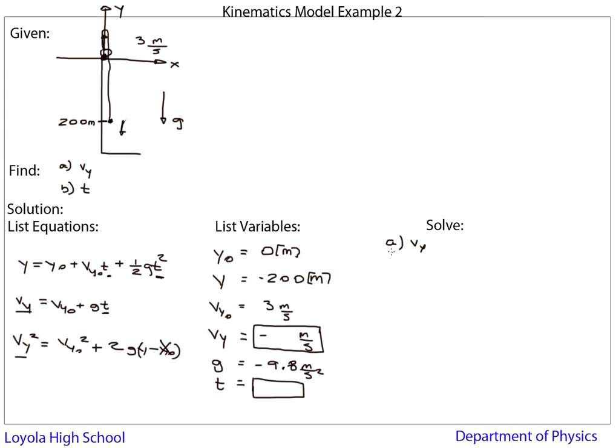So if I go over here, Vy squared is equal to Vy0 squared plus 2g (y minus y0). So I have everything there. I plug in the numbers, I get 3 squared plus 2 times negative 9.8 times negative 200 minus 0.